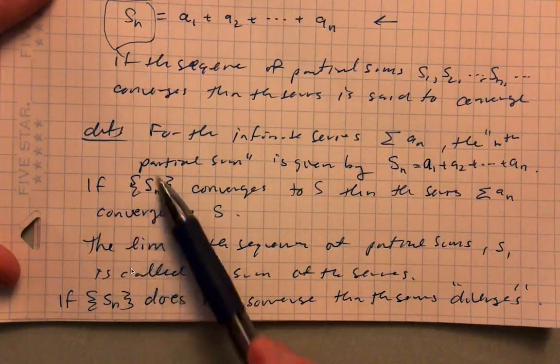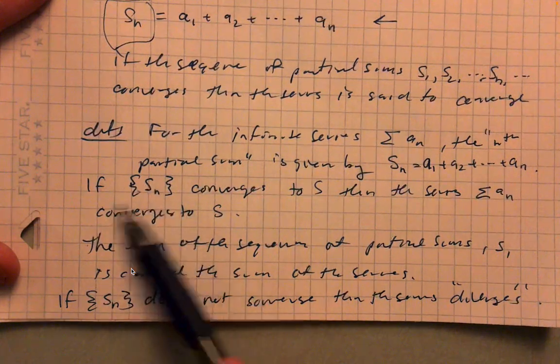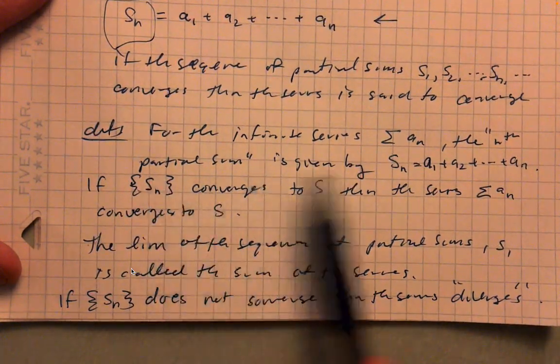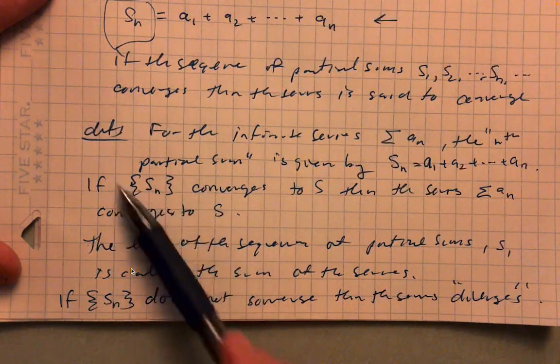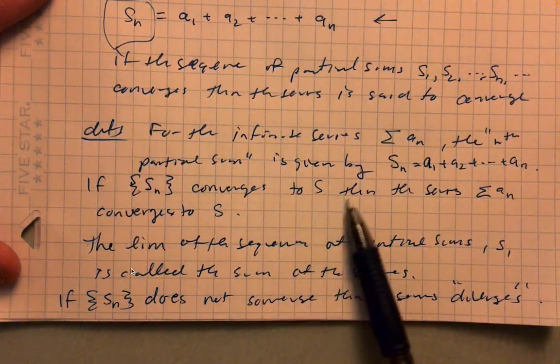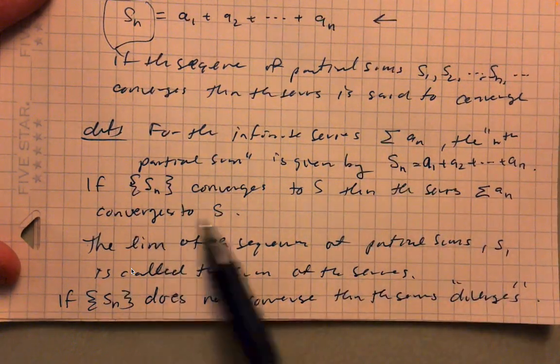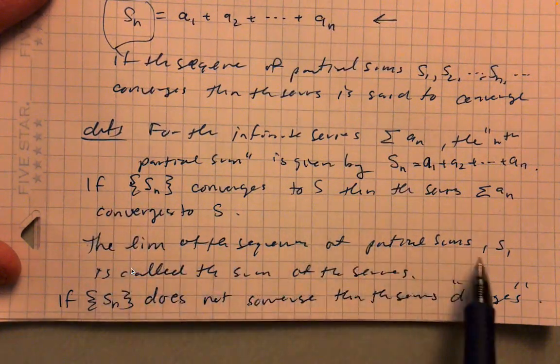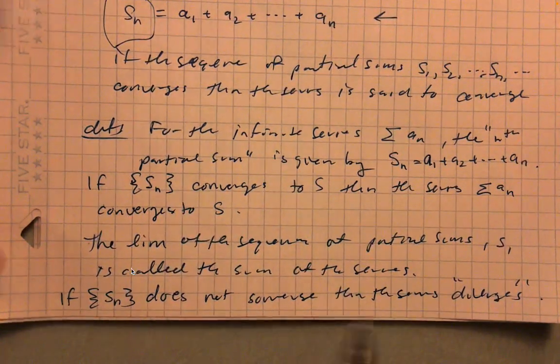If the sequence of partial sums, S1, S2, and so on, Sn, continuing infinitely, converges to some number S, then the series also converges to S. The limit of the sequence of partial sums, that's our S, and we frequently will just refer to that as the sum of the series. That's the number that the series adds up to.